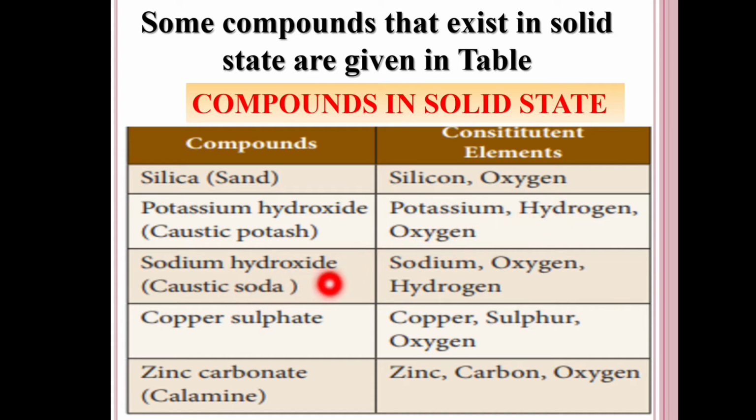Sodium hydroxide, caustic soda: sodium, oxygen and hydrogen. Copper sulfate: copper, sulfur and oxygen. And finally zinc carbonate, calamine: zinc, carbon and oxygen. So these are the compounds in solid state.